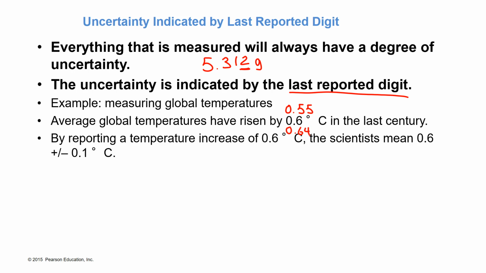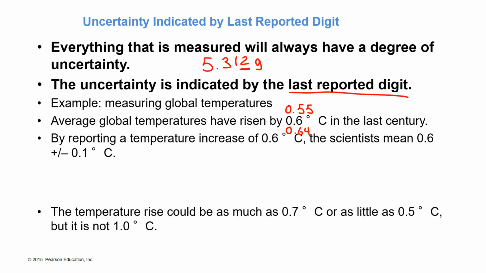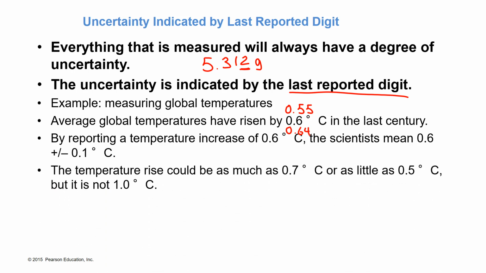That's the same thing. There's always this range that we're not real sure about, but we're fairly confident in the number. So again, depending on the data you use, you could end up with a number as high as 0.7 and a number as low as 0.5.